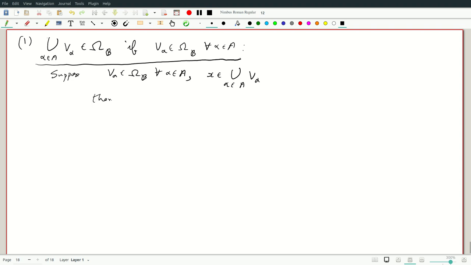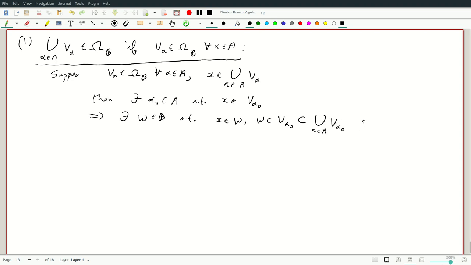Then there exists alpha naught in A such that x belongs to V alpha naught, and this implies that there exists W, not just in A, but actually not in the index set at all, but in B, the basis, such that x belongs to W, and W is contained in V alpha naught, which is contained in the union of alpha in A of V alpha, as required.